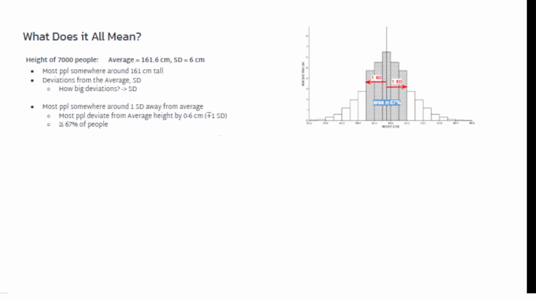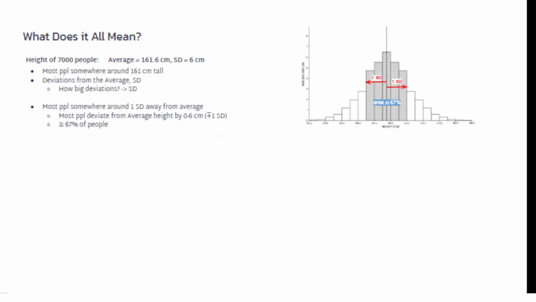So let's look at the height histogram of these 7,000 people. In this figure, you can see the average is marked with a vertical line. The zone within one standard deviation on both sides of the average is shaded. One standard deviation to the right, one standard deviation to the left.